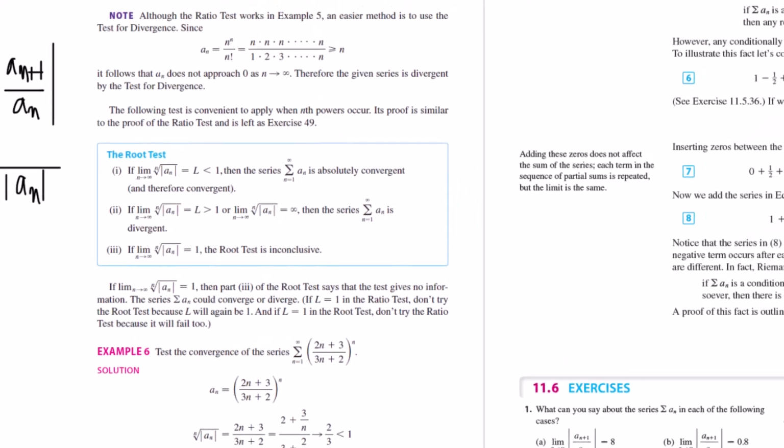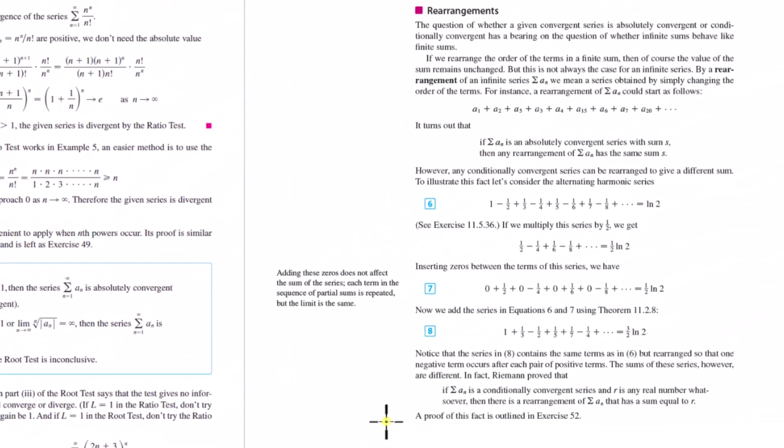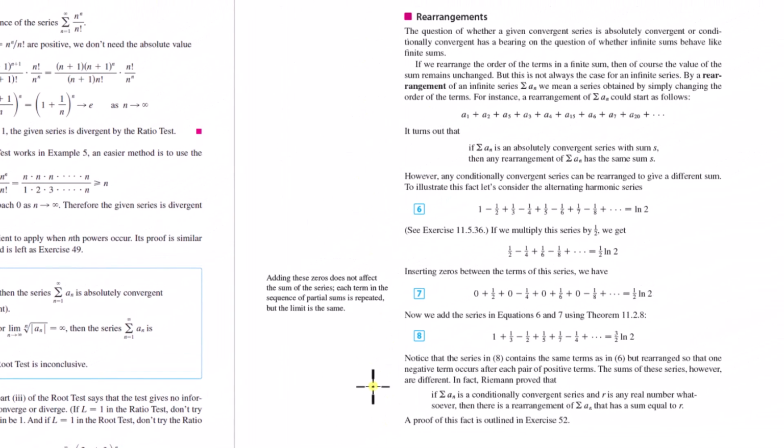Okay, and now the last thing they talk about is rearrangements, and this is the explanation for how conditional convergence is possible. This honestly is a topic for another video. This could have its own separate video, and I might do that.